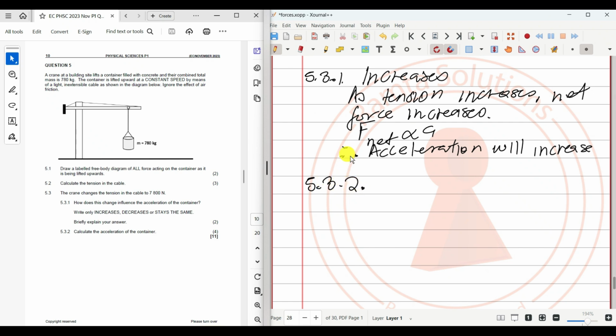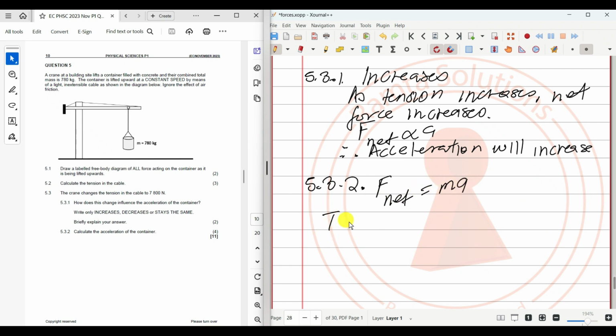5.3.2. Calculate the acceleration of the container. Remember, this is when the tension has changed. F net is equal to ma.